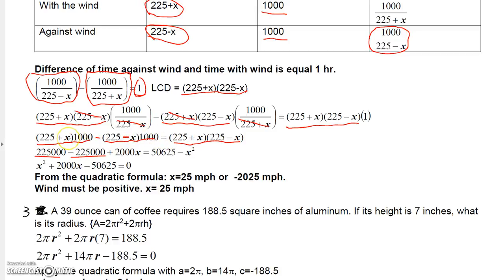So I'm going to get 1,000x here and a plus 1,000x here, and that's going to give me 2,000x. And then over here, 225 squared is 50,625, and x squared is x squared. So that's a difference of squares, so I just get 50,625 minus x squared. Now, these guys cancel. That's the good news.